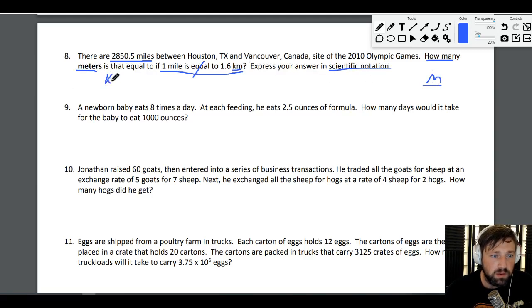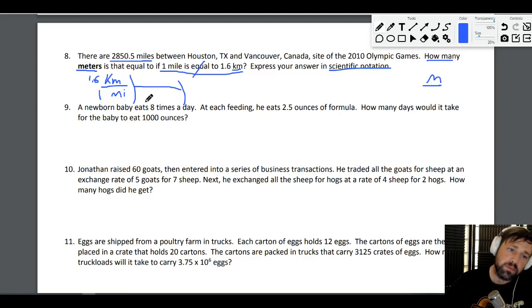So kilometers over a mile, and we know that 1.6 kilometers is 1 mile. All right, now we have this unit up here, this measurement, this variable. It is in miles, which is good because we need to get rid of these miles on bottom. So to cancel these out, one needs to be on top, one needs to be on bottom.